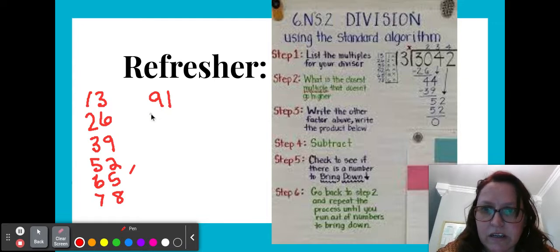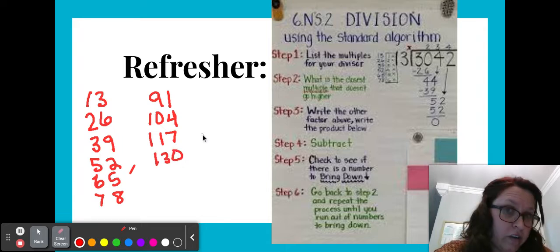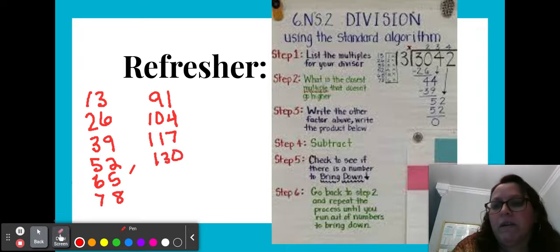91 plus 13 is 104. 104 plus 13 is 117. And 117 plus 13 is 130. Why do I do this?